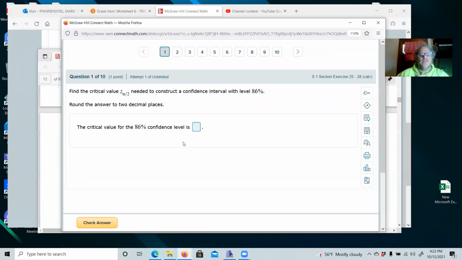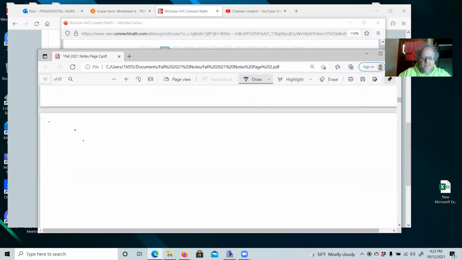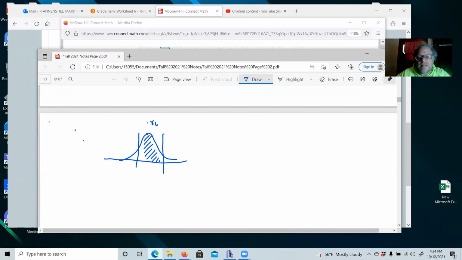All right. So here we want to find what is the critical value needed to construct a confidence interval with 86%. Okay. Here's what we're trying to do. Here's our normal distribution. We want the center part here to be 0.86. Okay, 86%. How much do we have left over?